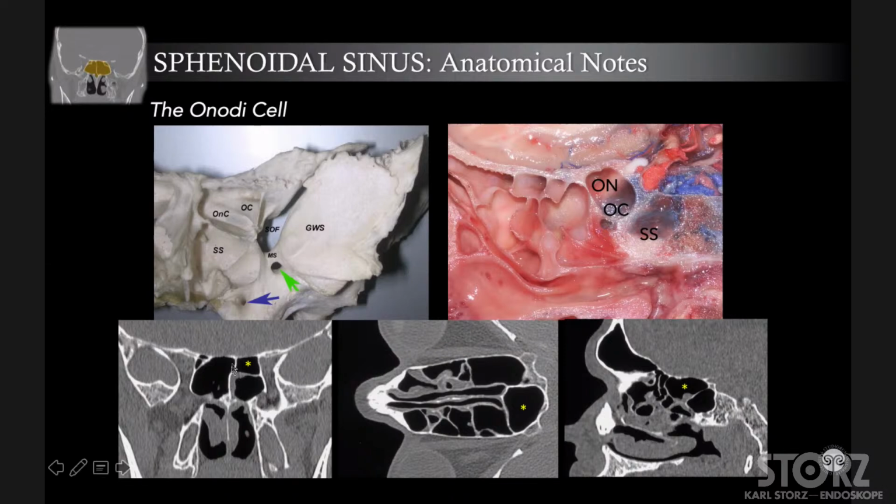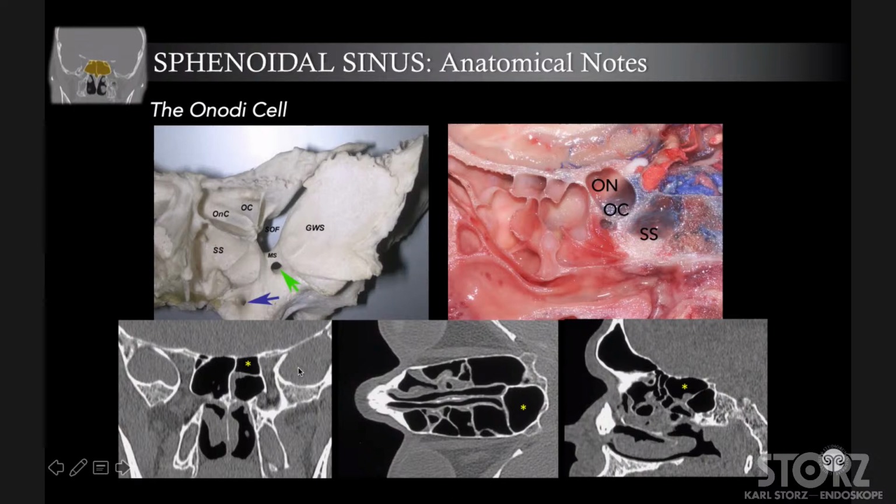On the right side, there is a very huge sphenoid sinus until the roof. On the left side, conversely, the sphenoid sinus is small and below, and such a septation is directly in continuation with the posterior ethmoid. And so, in this case, we have an Onodi cell on the left side.